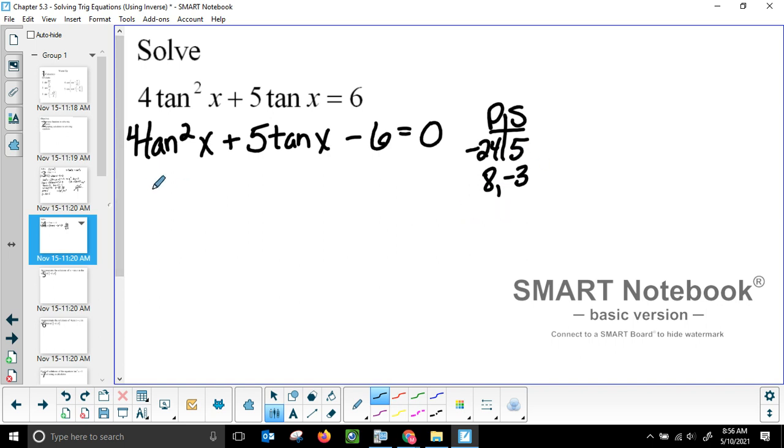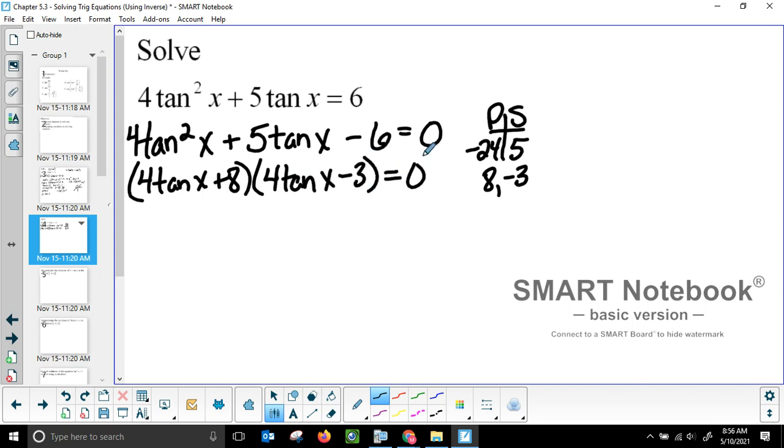So I'm going to have 4 tan x plus 8 and 4 tan x minus 3. Of course, this is where I have to take out the trash, to factor out any extra stuff from each factor and throw it away.